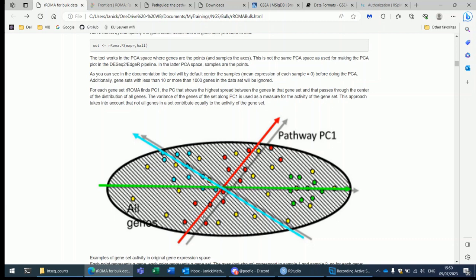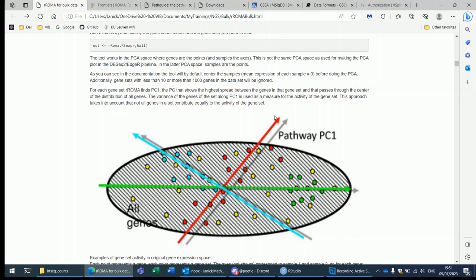So the red line that you see here is the first principal component for the red points, the genes that belong to the red pathway. It shows the direction that gives the most spread between the red points. And this is true. You go from here to here. That's the most spread that you can draw between these points.